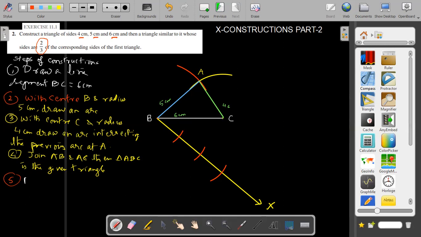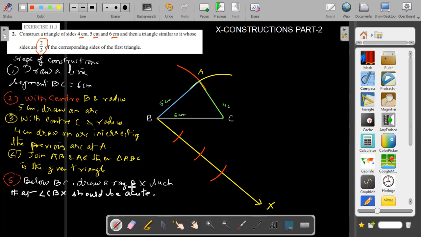So below BC, draw a ray BX such that angle CBX should be acute, less than 90 degrees. Any angle you can take, but less than 90 degrees.